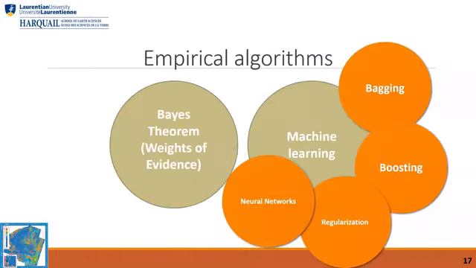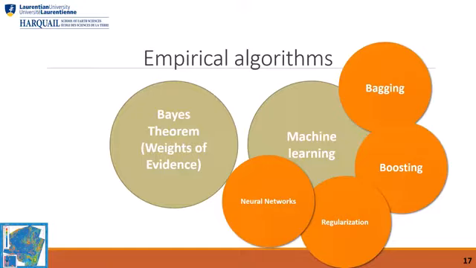We have different types of empirical or data-driven algorithms, but perhaps the most popular one is the weight of evidence methodology, or the use of Bayes' theorem. And also we have machine learning methods.